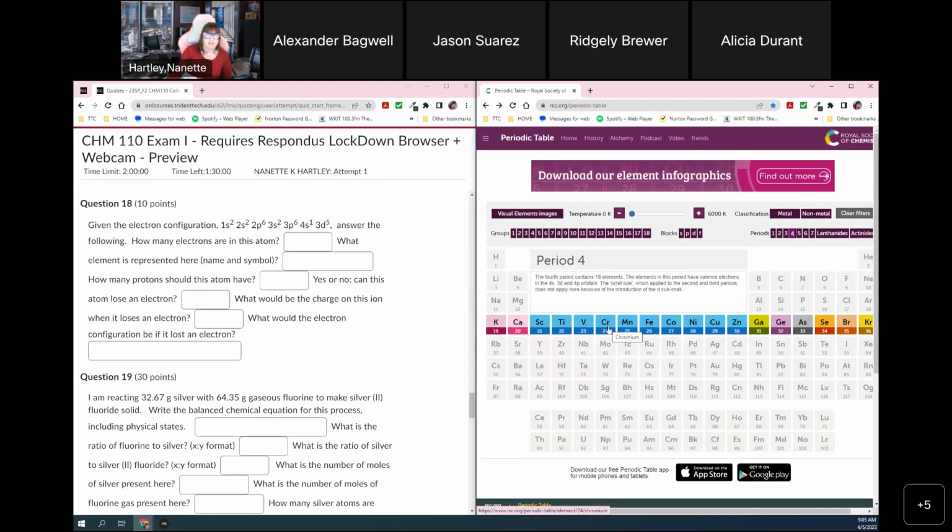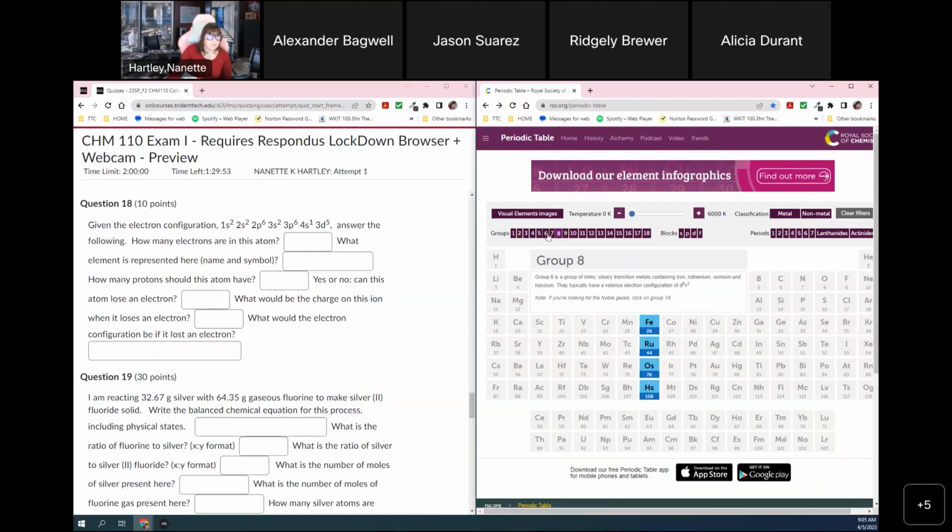It absolutely is. Now, what happens when we get to chromium? Chromium is one of those groups where we have weird exceptions, right? So these guys right here, in the d block, 1, 2, 3, 4, 5, they're almost half full. And so what typically happens is instead of having the 4s completely filled as 4s2 3d4, we move one over and have 4s1 3d5.